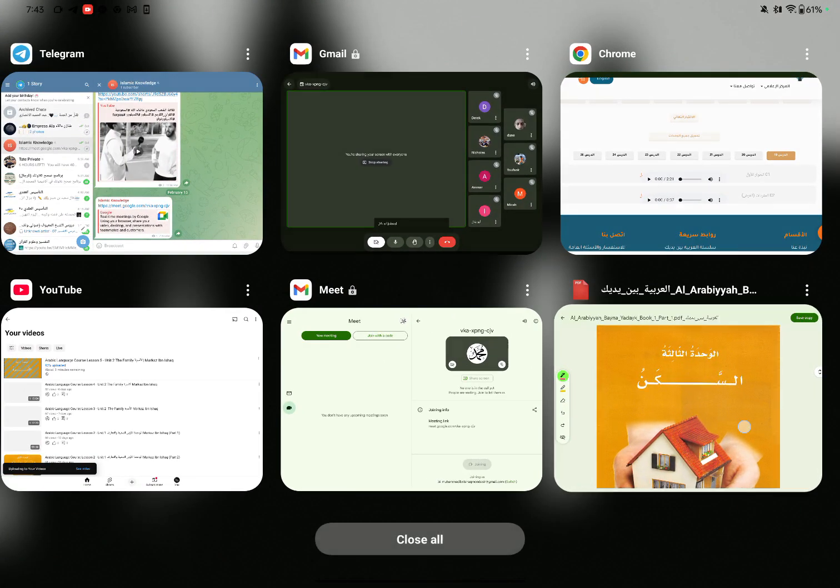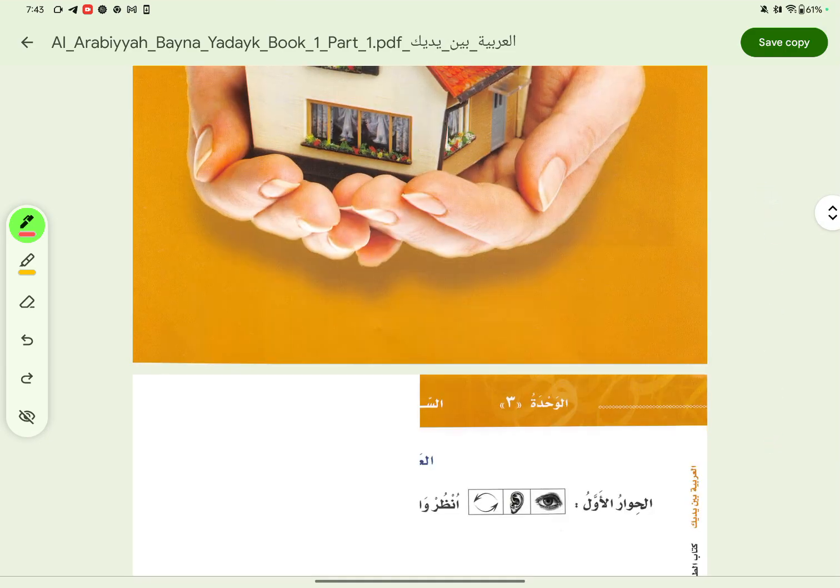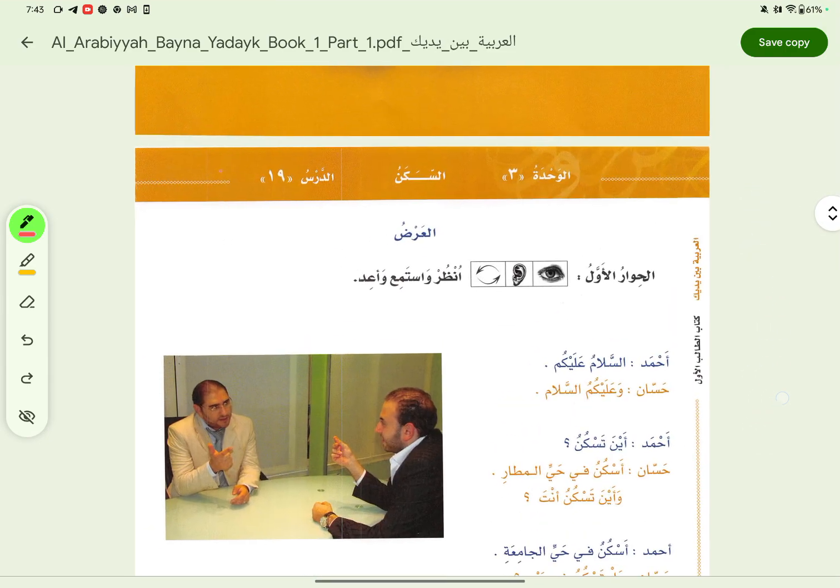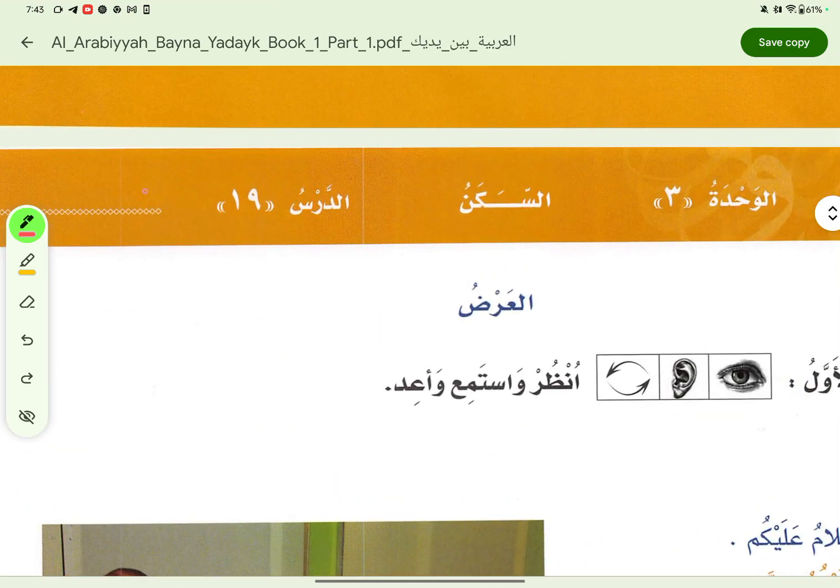Now going to the actual book, we could see right here at the top, al-wahdatu thalitha, you see a 3, right? And we see ad-dars at-tasiyata ashar, right? That means that this is the dars that's connected to that audio file.